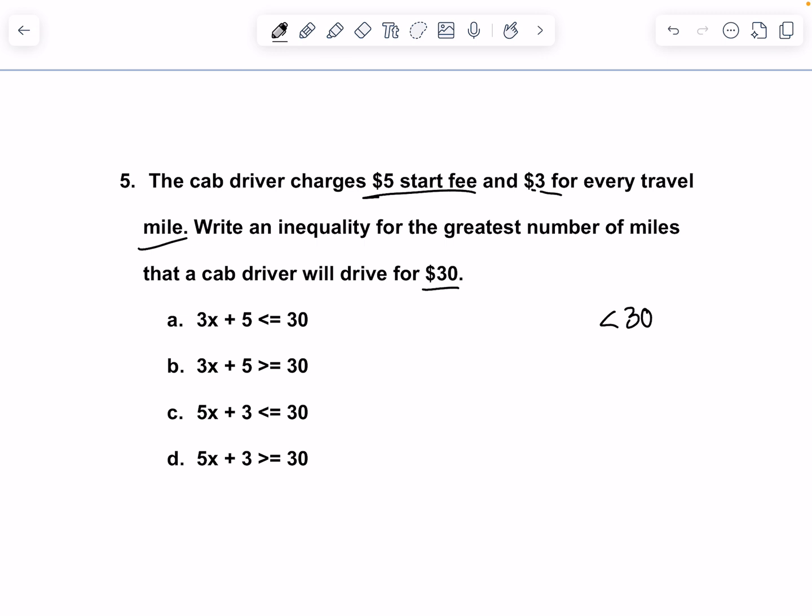And we know it's 3 for every travel mile, so that'll be 3x. And then a $5 fee, which is 3x plus 5. Let's subtract 5, that'll give us 3x is less than 25. Oh, sorry, we're not solving, but this would be our equation, which is 3x plus 5 is less than 30, which would be A.